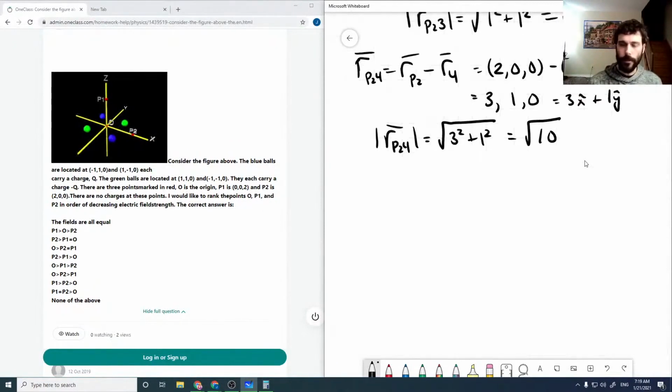So now our E field at point 2 is our Q over 4 pi epsilon naught. Our 1 vector, so that is 3 x hat minus 1 y hat over our, not root 10, 10 to the 3 halves.